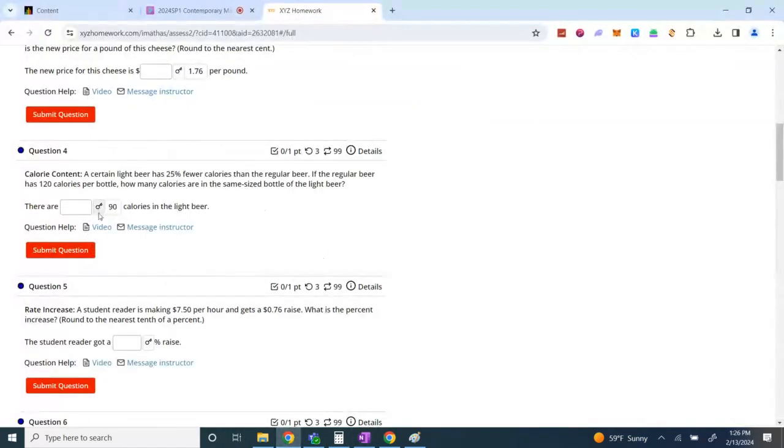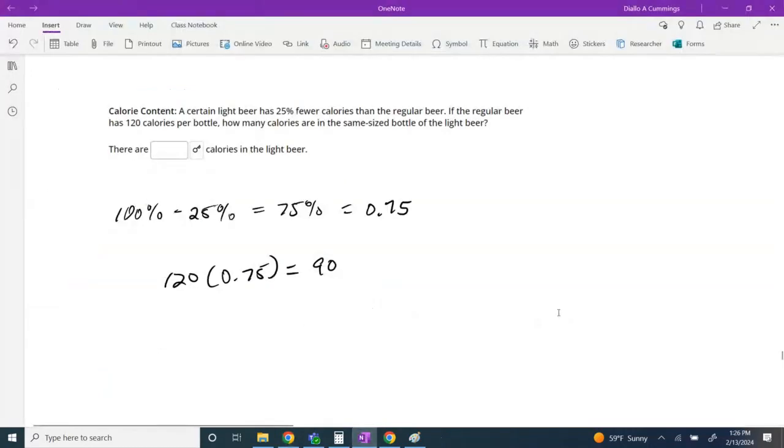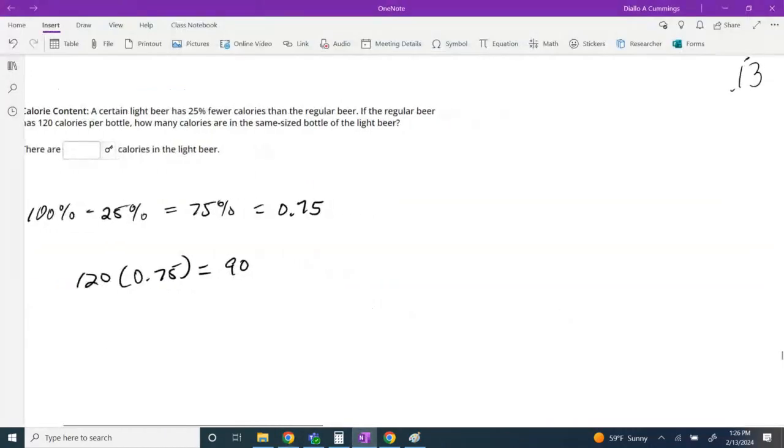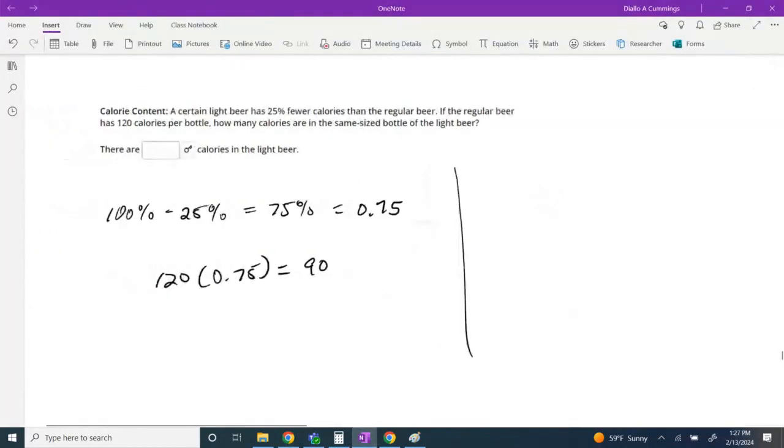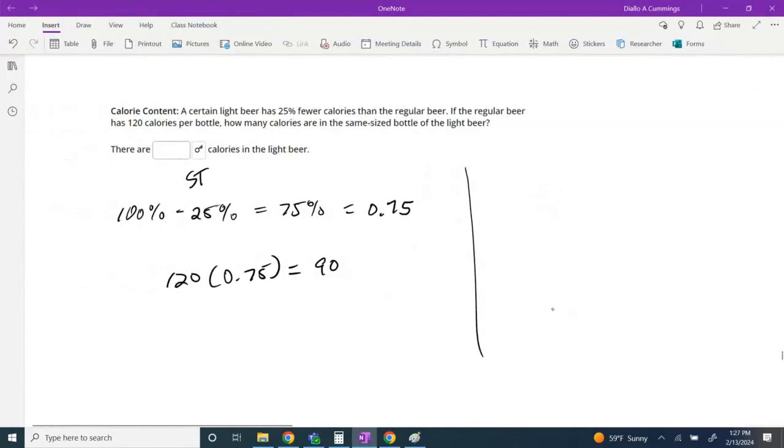Right, so the number of calories should be 90. That was in one step. Now, if you wanted to, you could also do it using the percent increase or decrease equation, but this is the straightforward method, with one step.